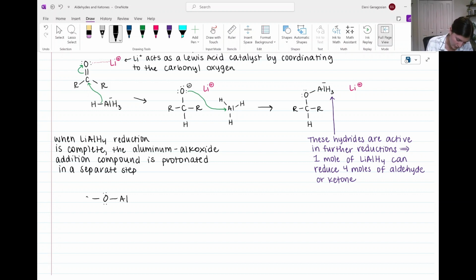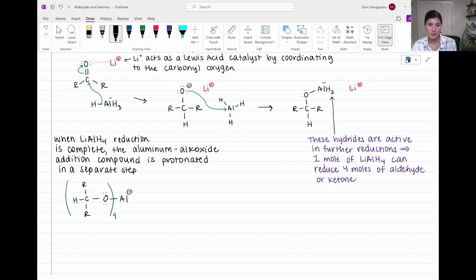Oxygen's bonded to carbon, 2 R groups, and that carbon's bonded to a hydrogen that was gained in that first step. The aluminum is bonded to 4 of these. Just like the aluminum can be bonded to 4 hydrogens, instead it's bonded to 4 alkoxide groups.